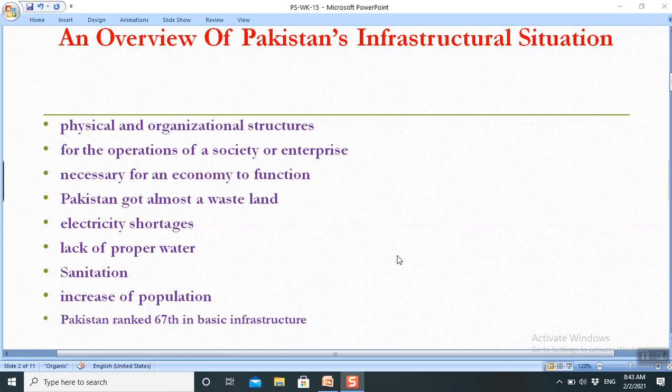Secondly, they introduced the railway and constructed railway throughout India. Third, they constructed the world's best irrigation system, known as the canal system, prevailing in Indian Punjab and Pakistani Punjab, and it is still facilitating the people.